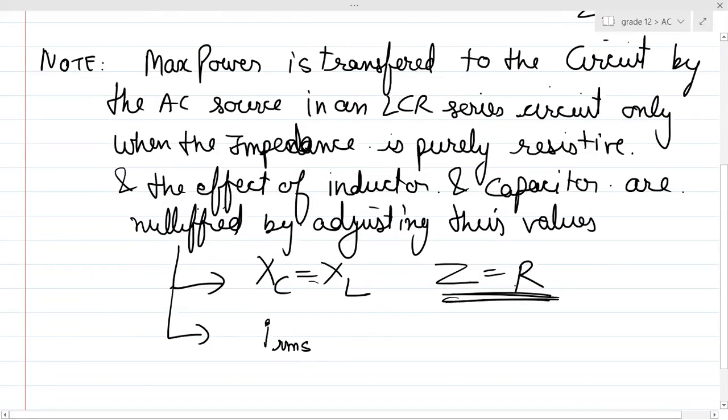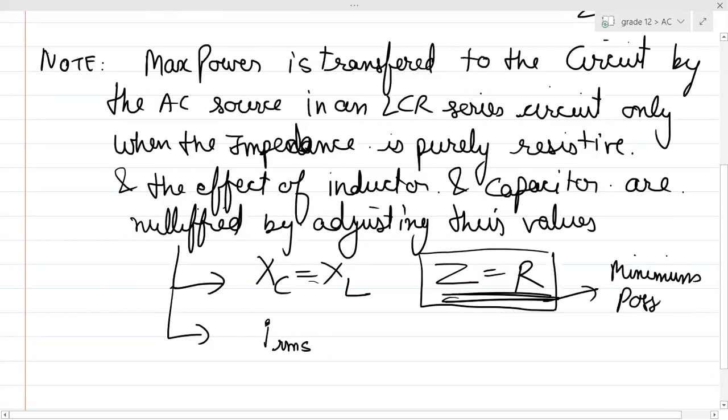Yes or no? So since Z is equal to R, this is basically the minimum possible value of impedance. Z equals R is the minimum possible value of impedance.